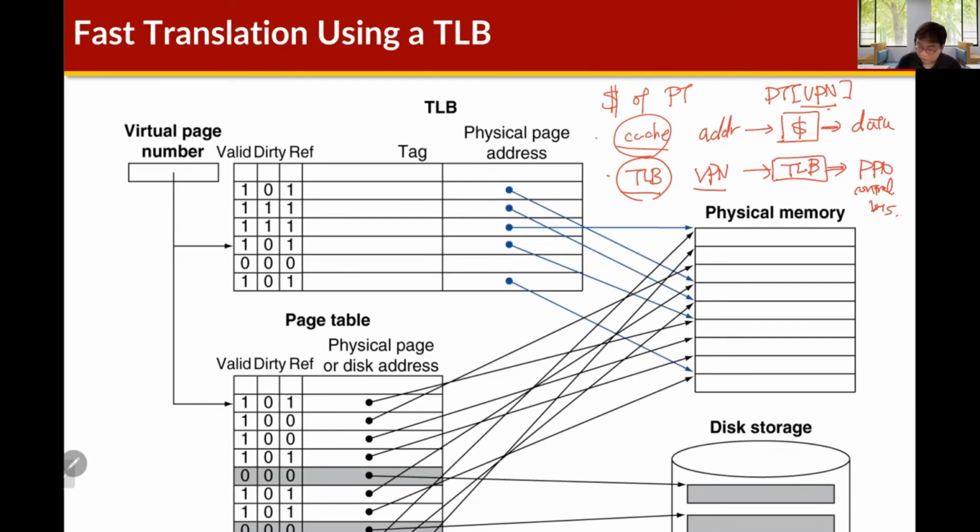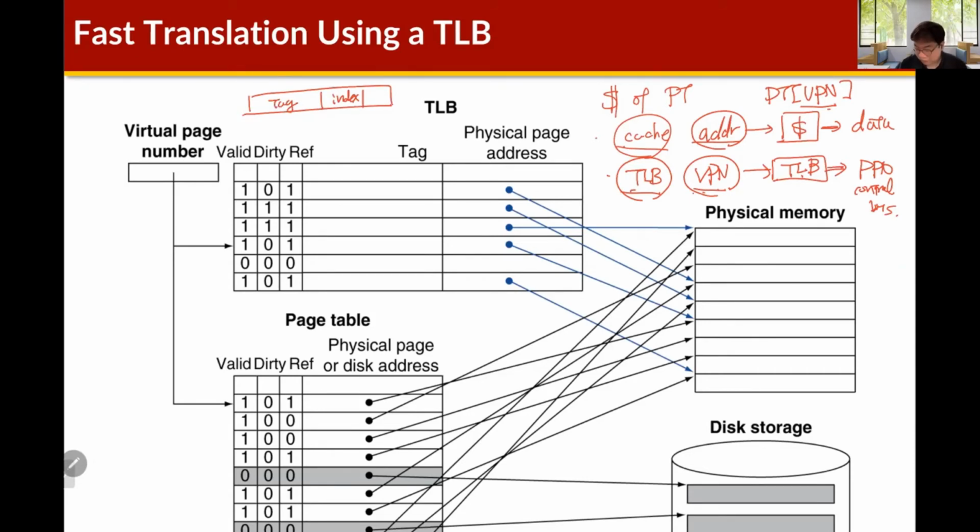So for a cache, we access the cache with the address, and for the TLB, we access the TLB with the VPN, the virtual page number. When the address is given to a normal cache, the address is split into the set index part and the tag part, right?